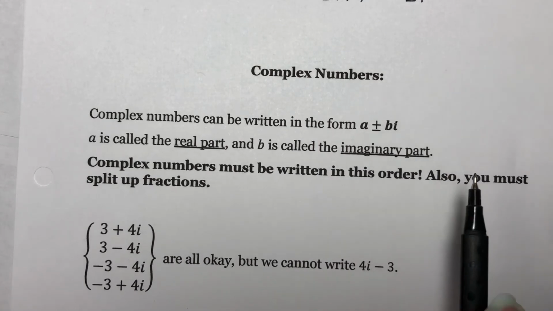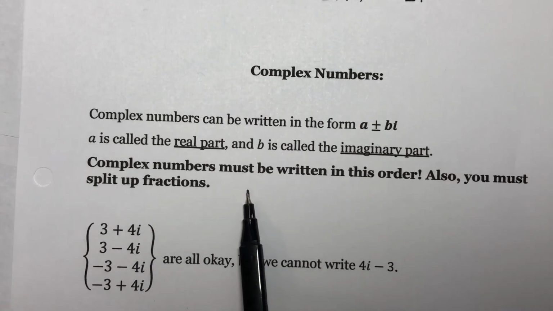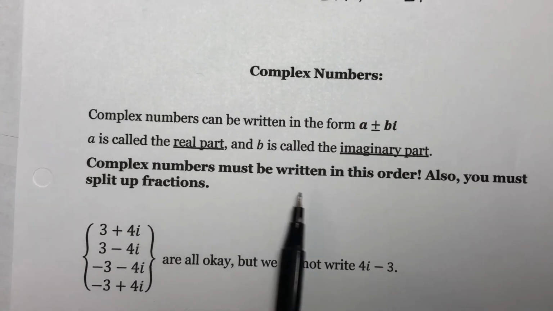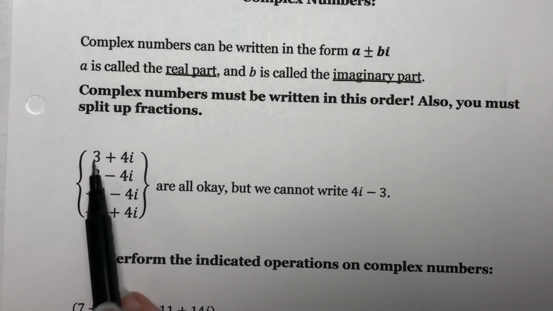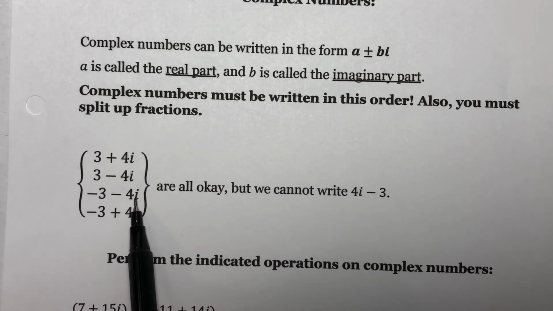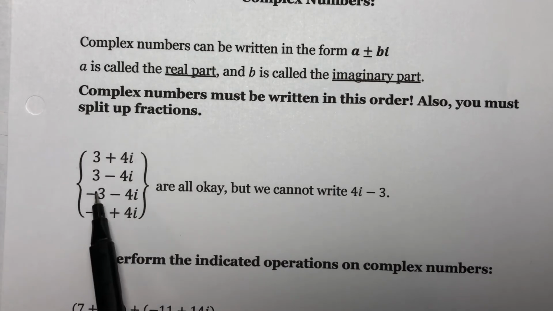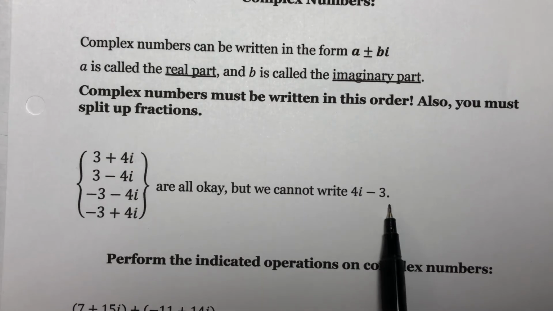Also, we must split up any fractions. So you'll see what I mean by this. Basically, I could have 3 plus 4i. That makes sense. 3 minus 4i. -3 minus 4i. -3 plus 4i. All of these are okay, but we could not write 4i minus 3, which is very tempting.